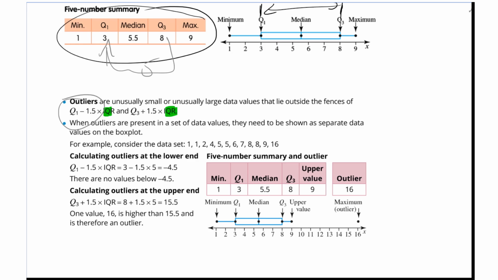So we're not going to have any outliers here. For the upper part, we look at Q3 and go Q3 plus 1.5 times 5, which gives us 15.5, and that's where we're saying 15.5 is here.